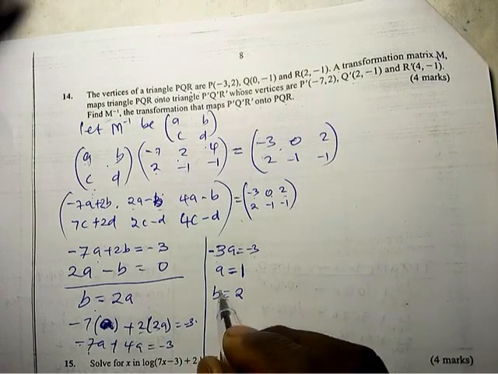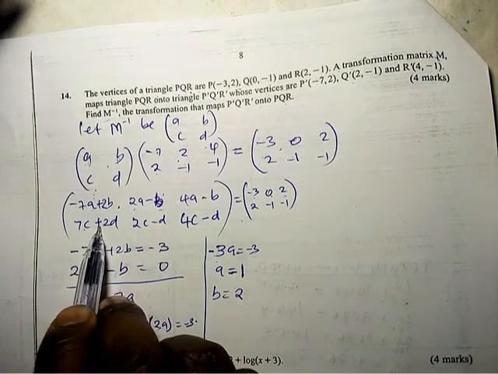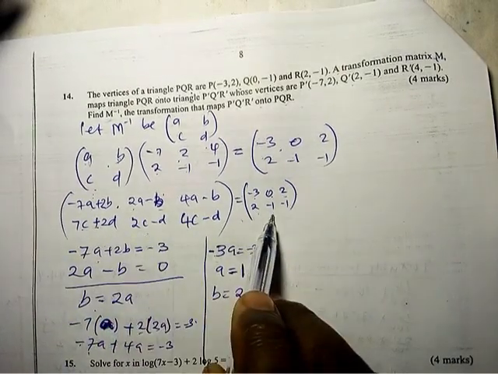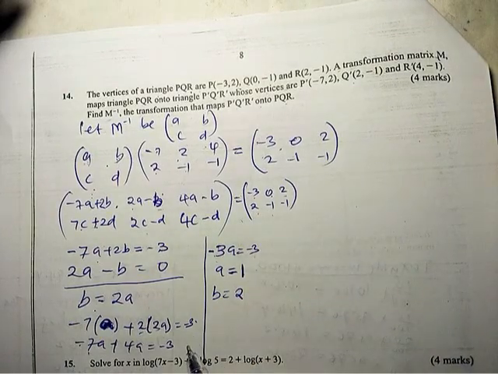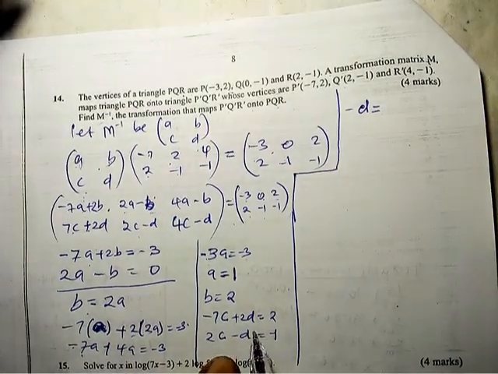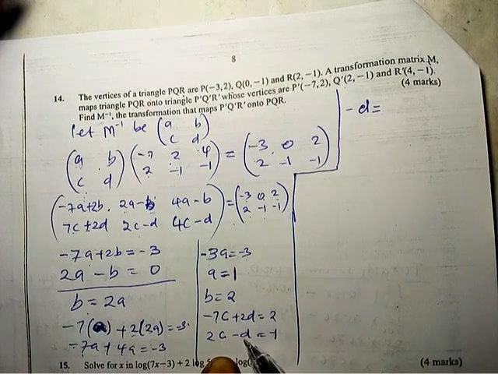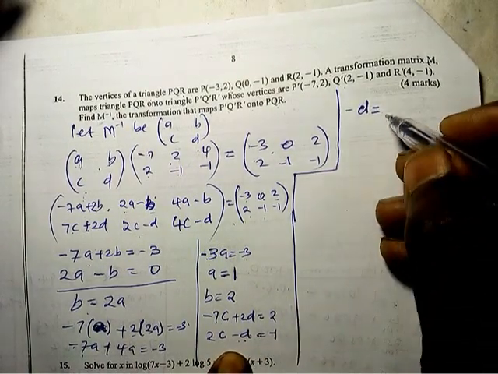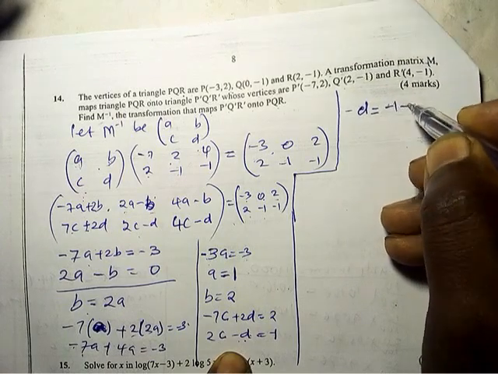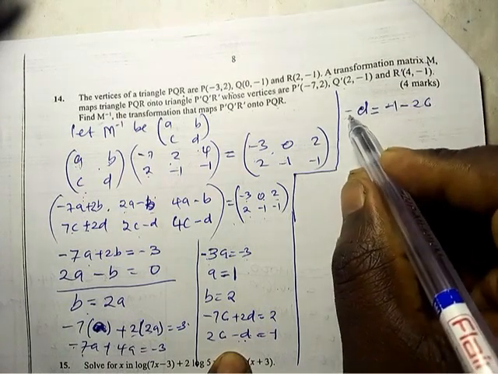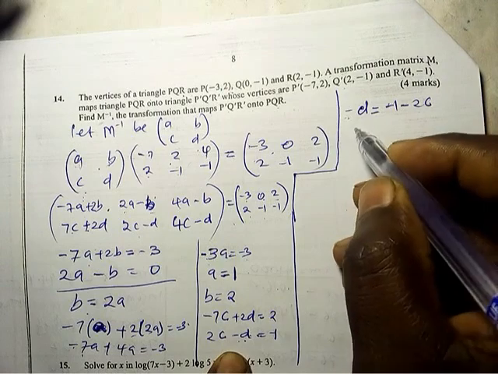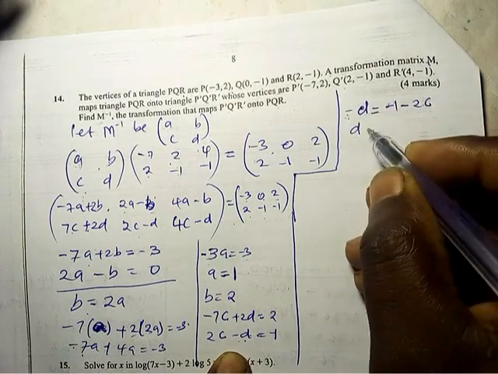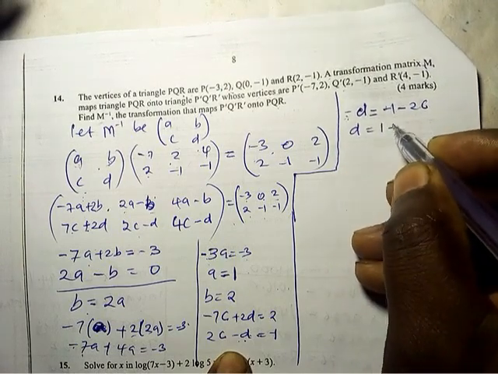Next one now, you take this equal to 2, this is equal to that, you get the value. So using this equation, let us make D the subject. Negative D is equal to negative 1 minus 2C. Dividing by negative 1 everywhere, we will have D equal to 1 plus 2C.